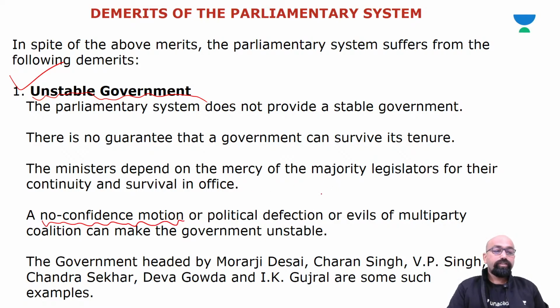No confidence motion, political defection, or the evils of multi-party coalition can make the government unstable. For example, governments headed by Morarji Desai, Charan Singh, VP Singh, Chandrasekhar, Devegowda, and IK Gujral are some of the examples related to unstable government. Yes.